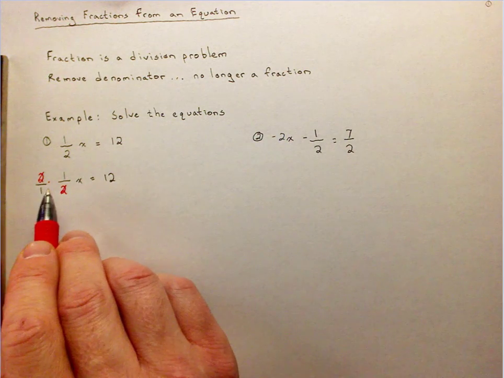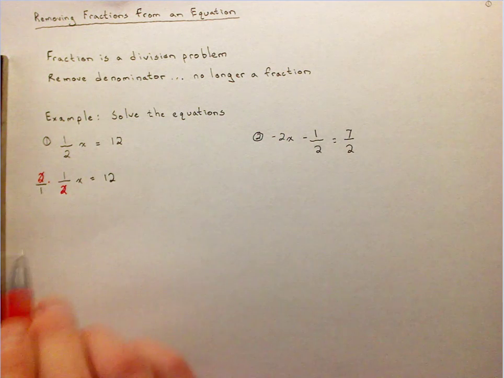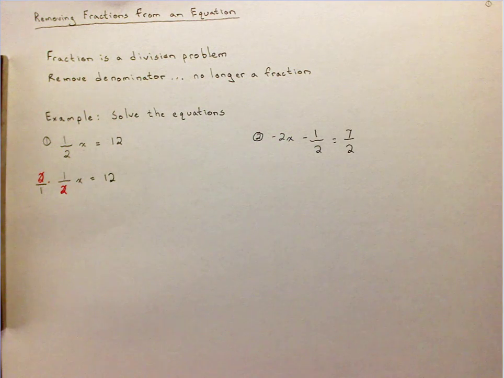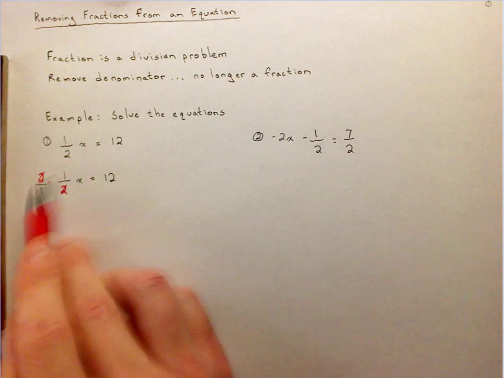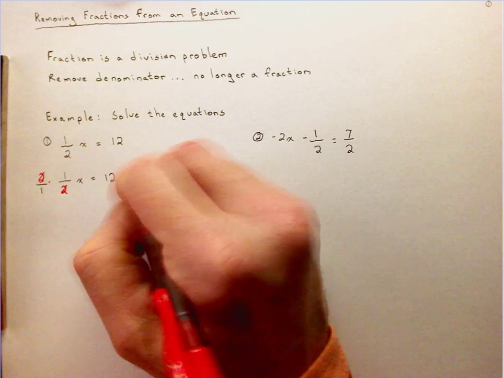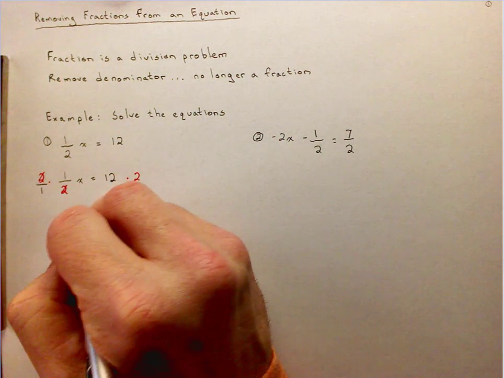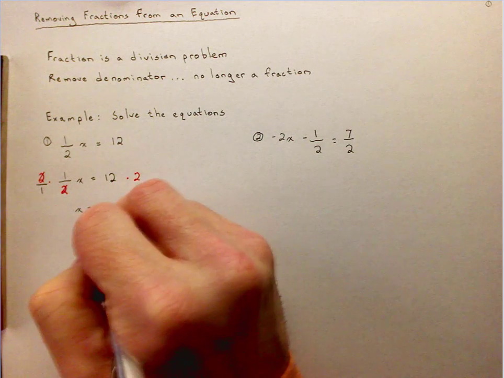Remember, in math, whatever I do to one side of the equation, I have to do to the other. Same with fractions. If I do something to the numerator, I must do the same thing to the denominator. So since I multiplied by 2 on this side of the equation, I must multiply by 2 on that side of the equation, and what I end up with is x equals 24.